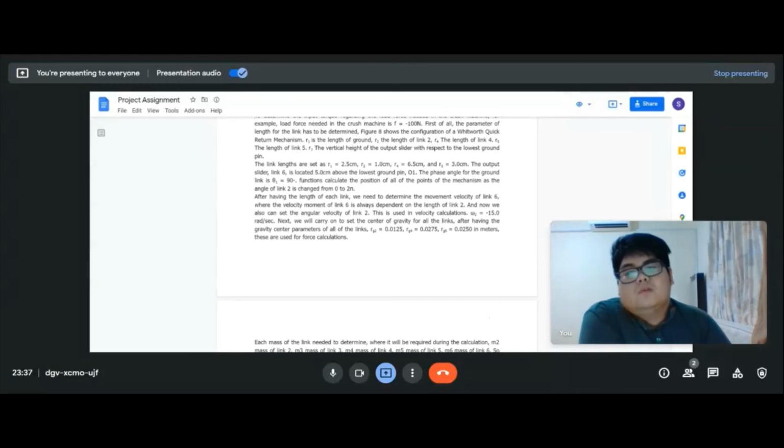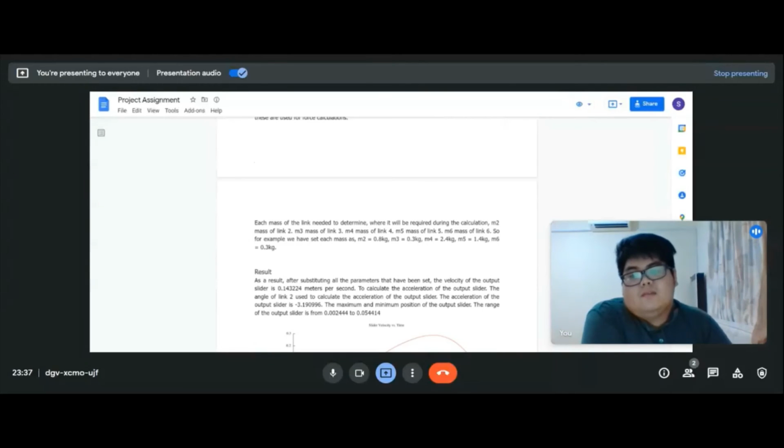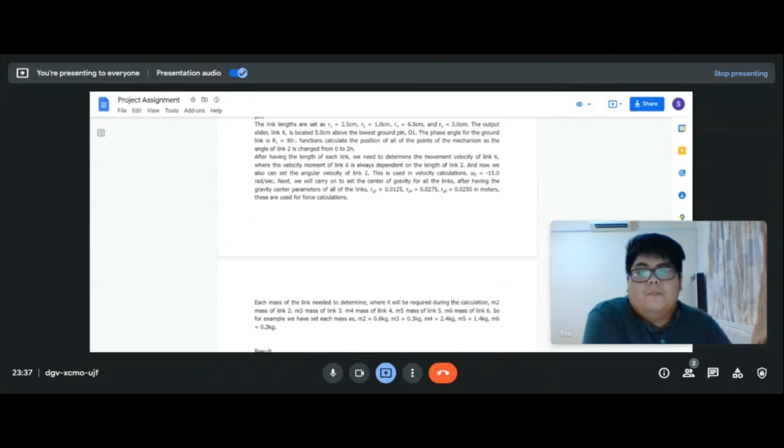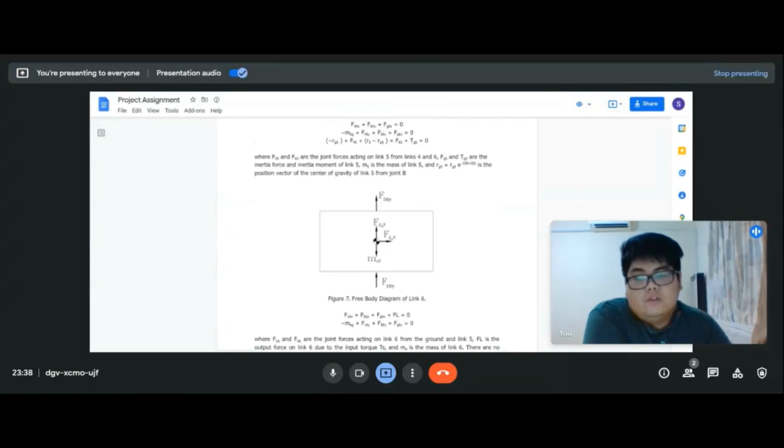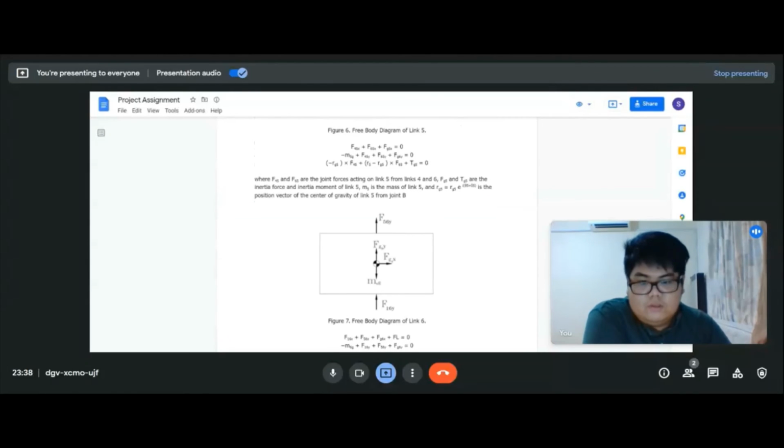So the length and the mass are used for the velocity and the acceleration analysis. And we also need to set the center of gravity, which will be used in finding the force for each link.